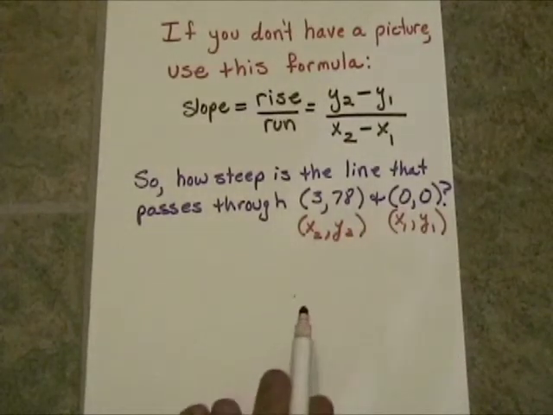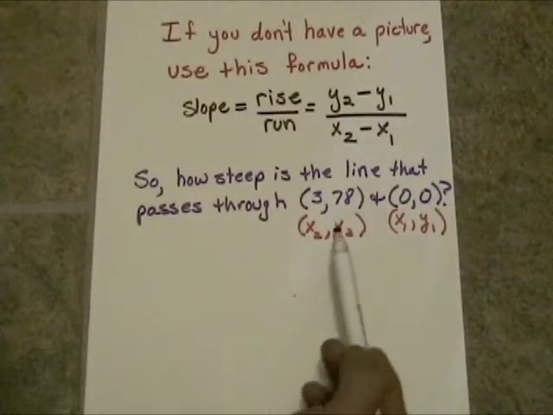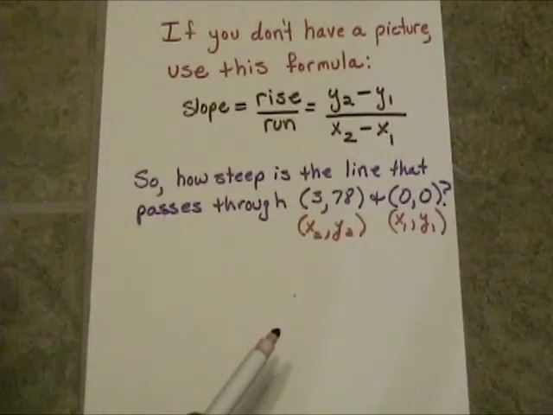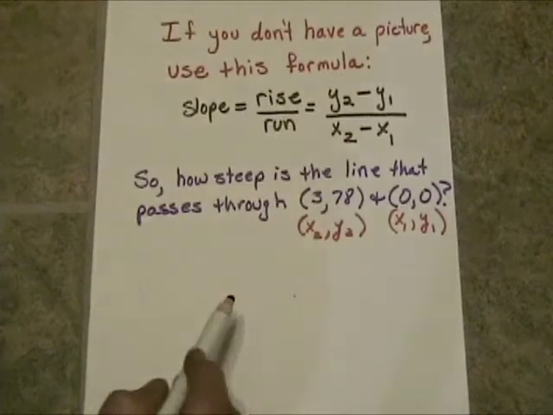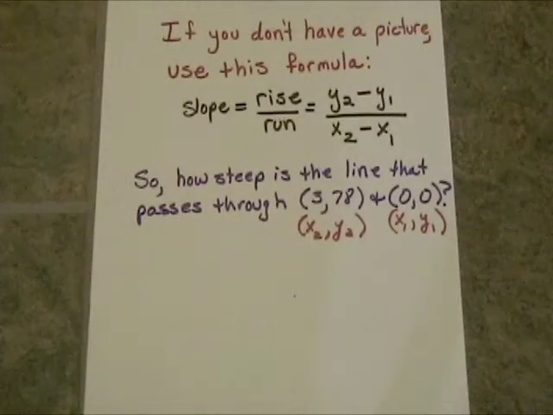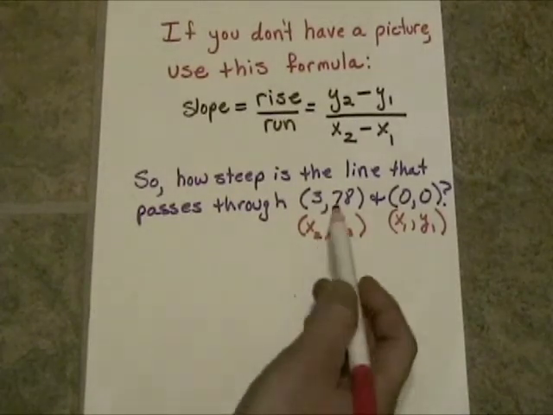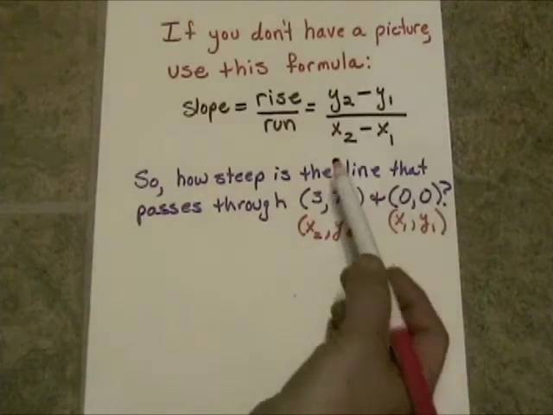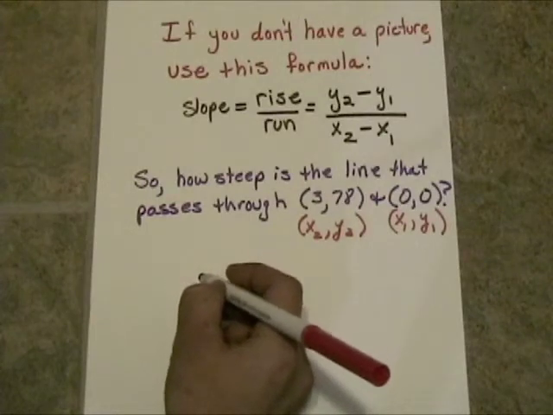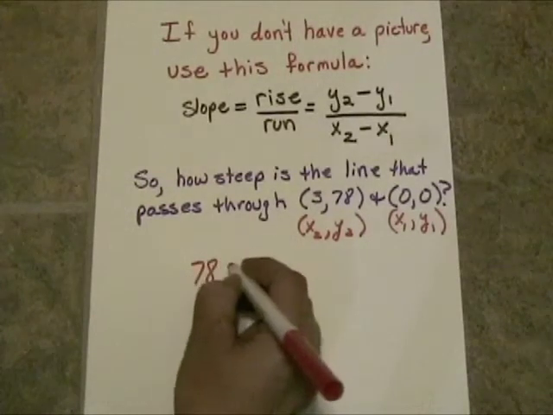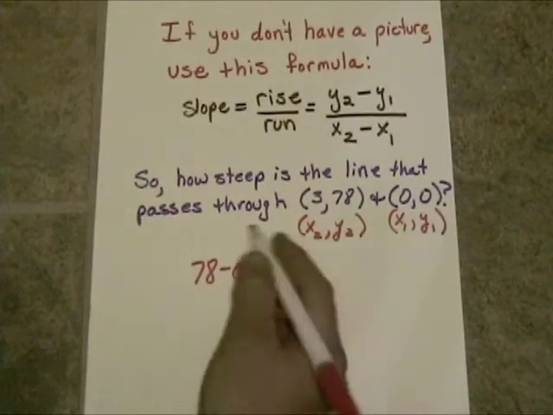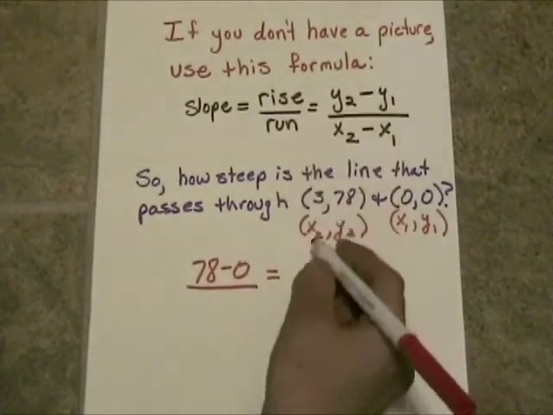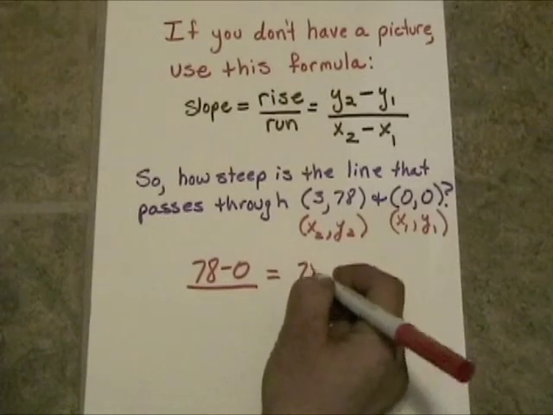Now once you have that established, all you have to do is plug these values into this formula very carefully. The y sub 2 goes in first. This is the amount of vertical change, so we want to find out how far it is from 0 to 78. You put in 78 first, and from it you subtract the 0, not the other way around. That's going to give you a total rise of 78.